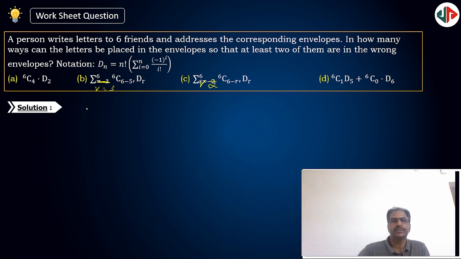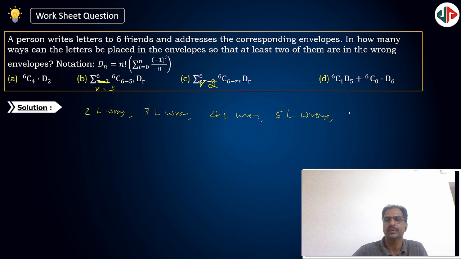So at least two letters being wrong means two letters wrong or three letters wrong or four letters wrong, 5 letters wrong or 6 letters wrong. At least two means this. What is the formula we have?